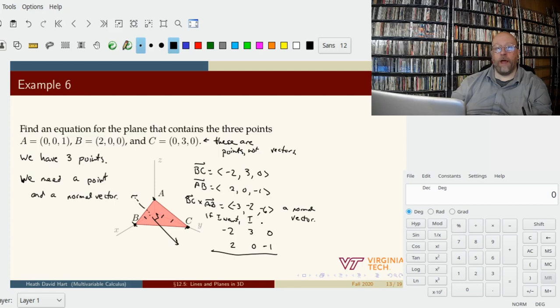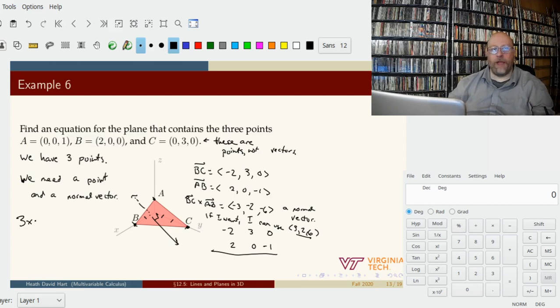I can use 3, 2, 6 instead, just to reduce the number of negative signs I have to deal with. But if I flip a sign, I have to flip all 3 of them. I have to make the entire vector the negative of what I had before. Okay? So I can use either of these 2 vectors. I'll go ahead and use the one with all the positive values.